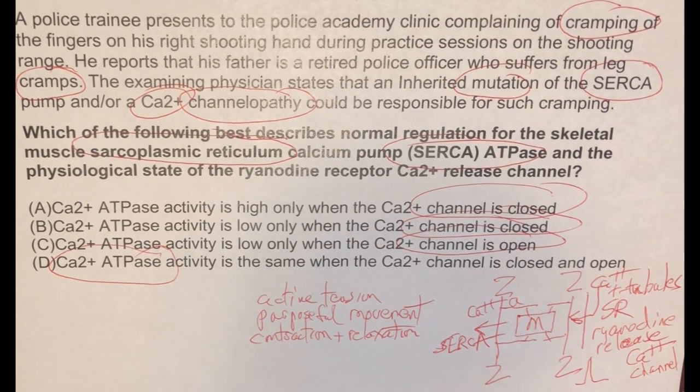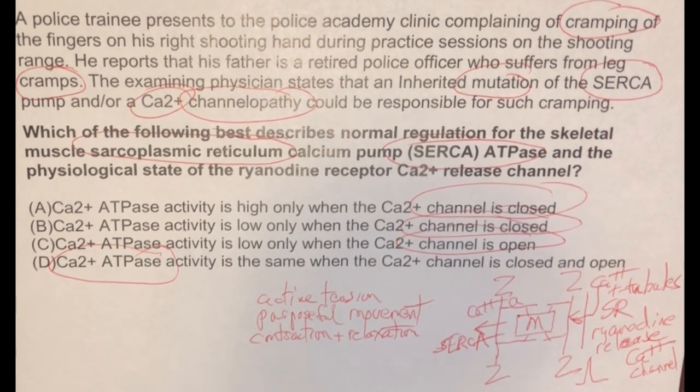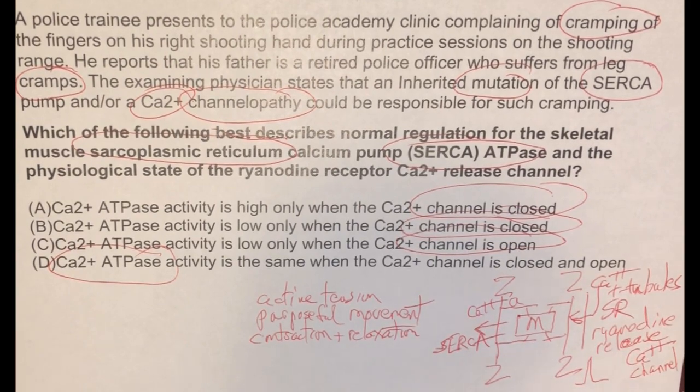But if calcium level is low inside cells, then new calcium coming in for signaling is going to be detected very easily. So there are many mechanisms constantly removing calcium, and SERCA is one of them. So it turns out that the SERCA pump is always active, whether the calcium channel is open or closed.